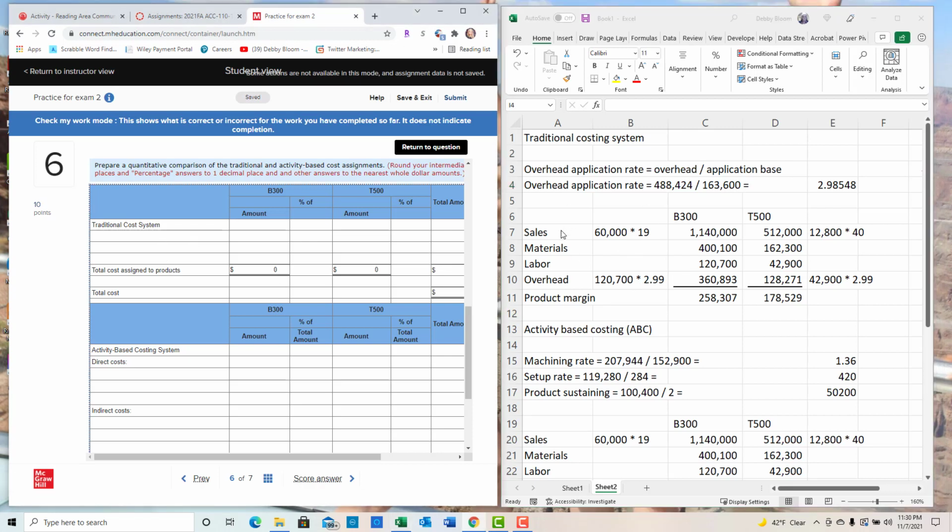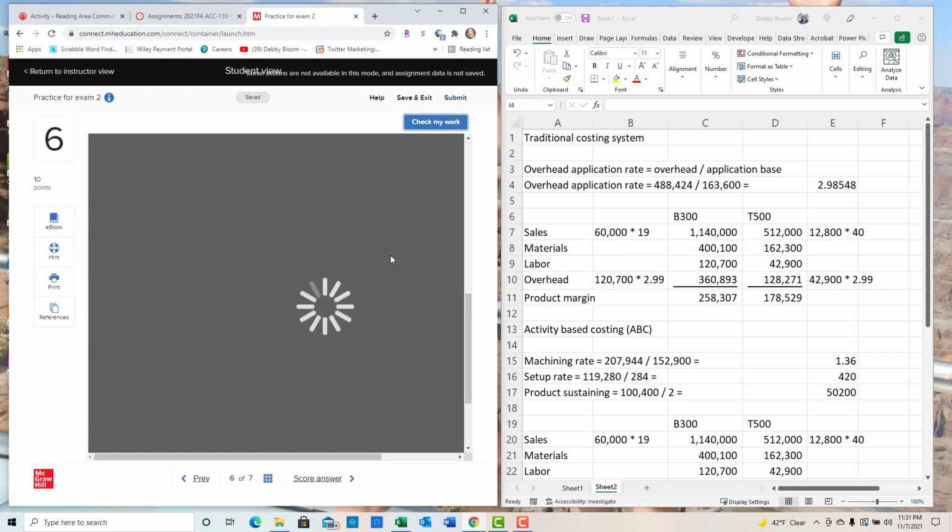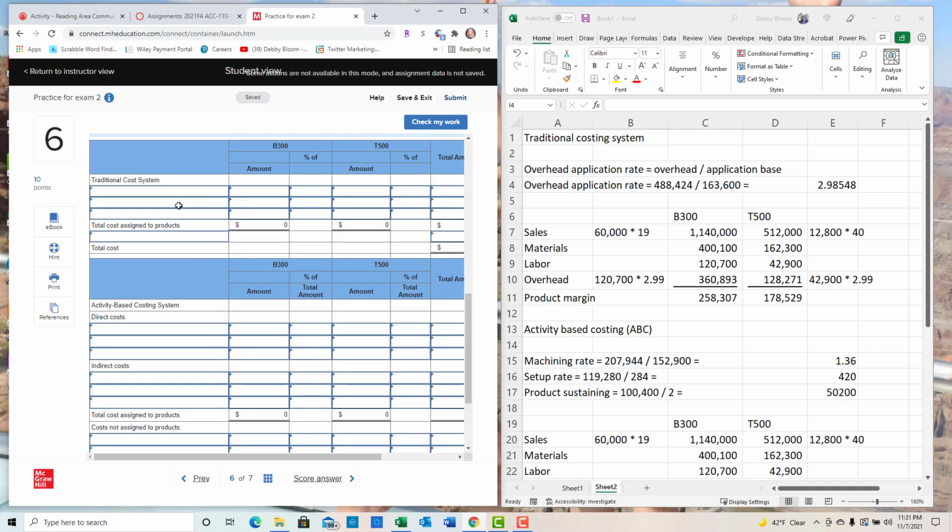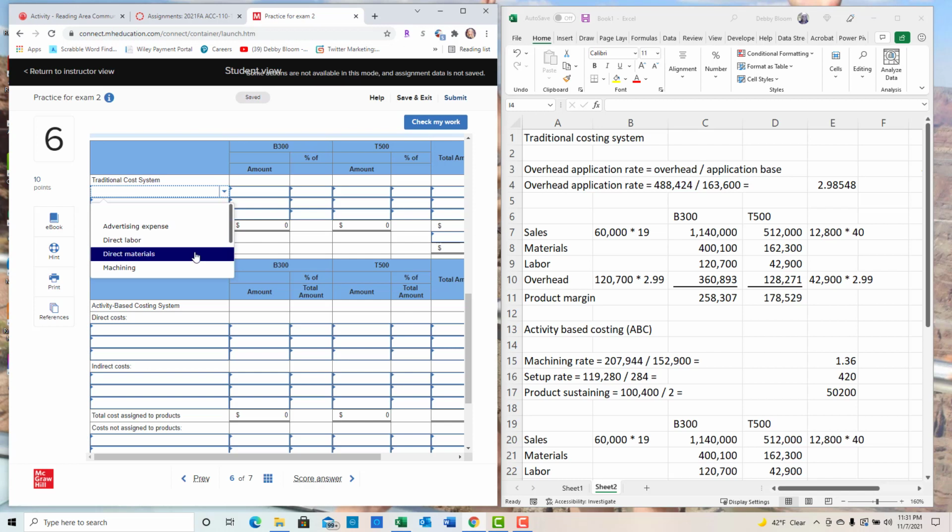So under our traditional costing system, you can see here that our total costs are going to be comprised of our materials, labor, and overhead. So we're going to have our materials, our direct labor, and our manufacturing overhead.